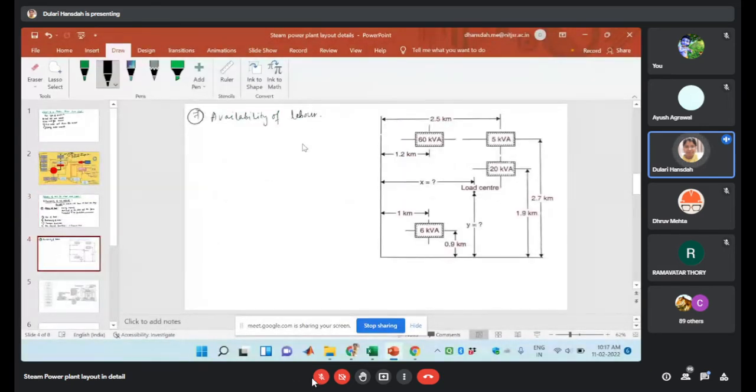Okay, next is your availability of labor. During the construction, all of you know that there will be a requirement of labor. Also, for the continuous operation of the power plant, you will have a requirement of labor.